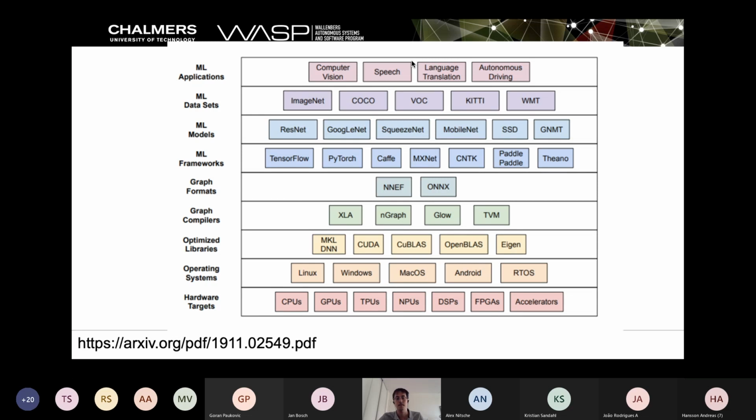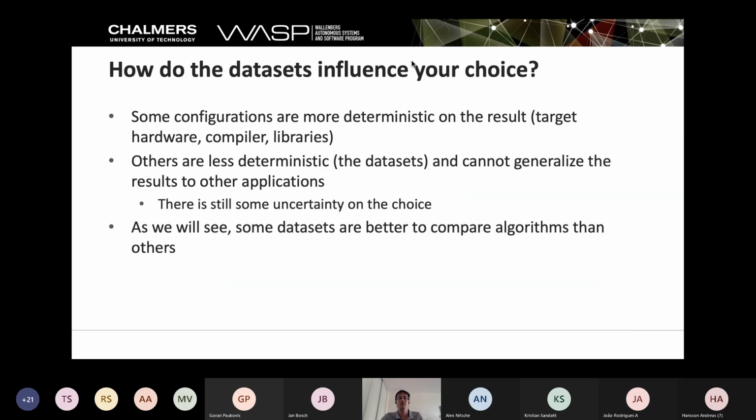While some configurations are more deterministic, for example the target hardware, where you will see less variation if you apply the same algorithm again on the same hardware, the same compiler, the same libraries, it's less deterministic when you apply it on data sets. For example, if you choose different seeds when dividing between training and evaluation, you already get different results.